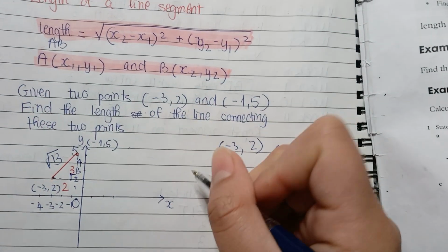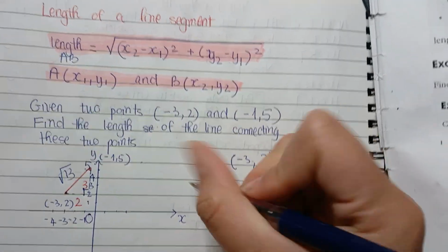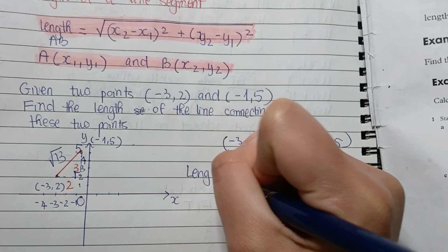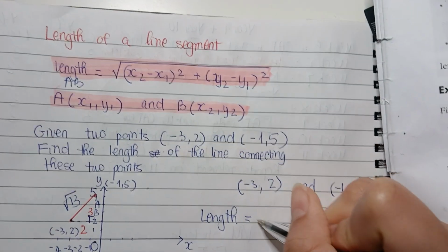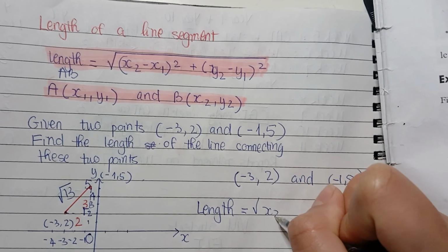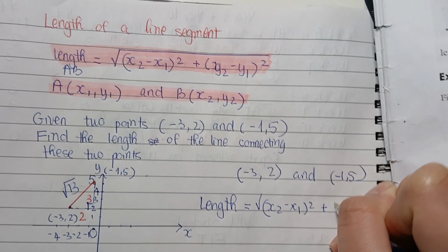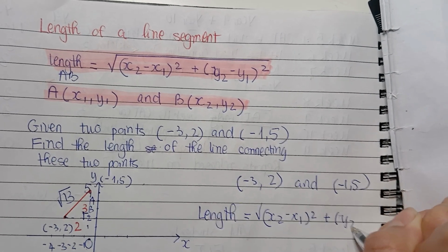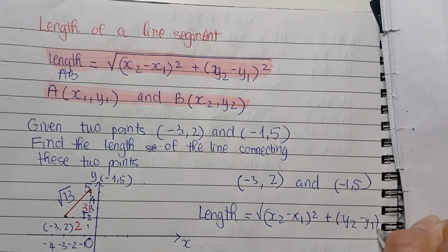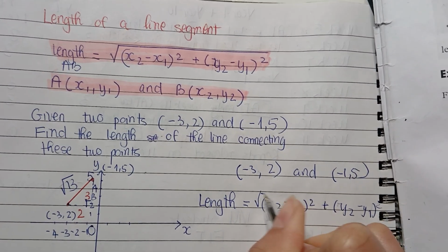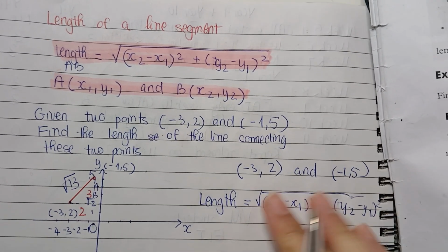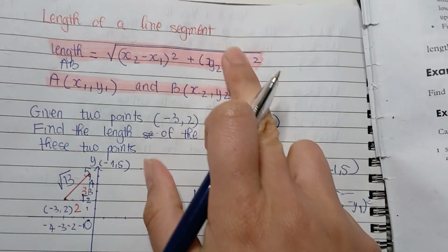So what you would do is apply this formula. The length will be equal to square root of (x2 minus x1) squared plus (y2 minus y1) squared, all under the square root. Just copy this down.